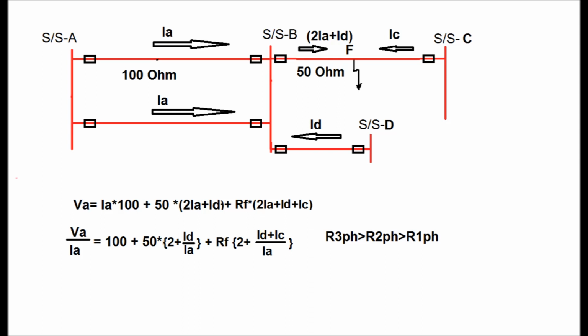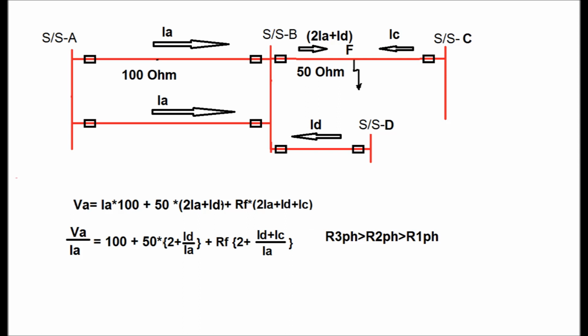So our motive is to calculate the ratio of voltage by current, which gives the impedance of the fault location, that is VA by IA is equal to 100 plus 50 into 2 plus ID by IA plus RF into 2 plus IB plus IC by IA.